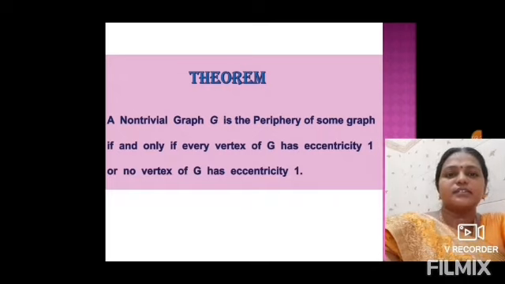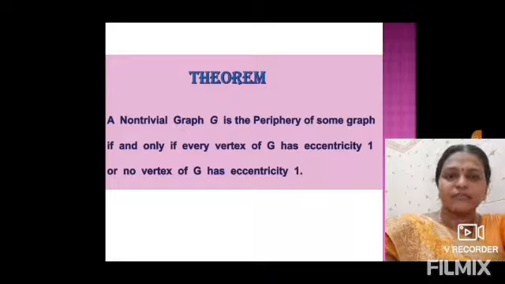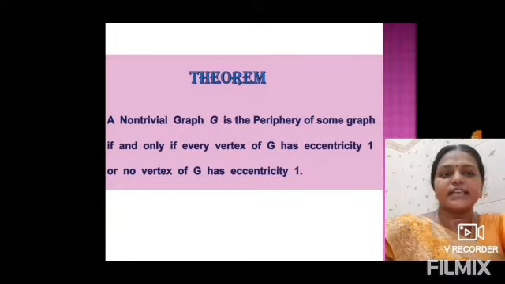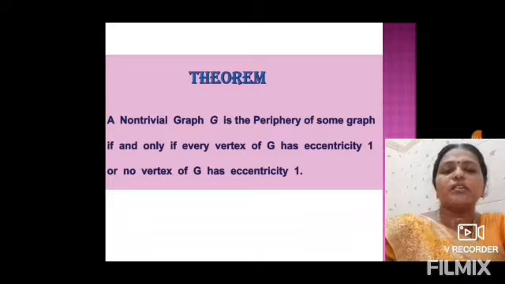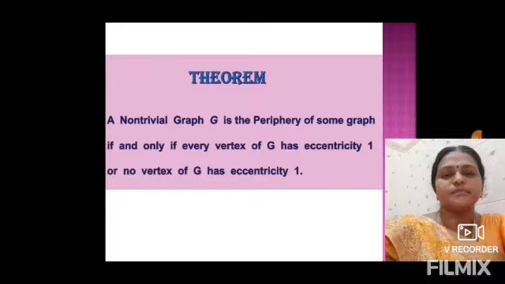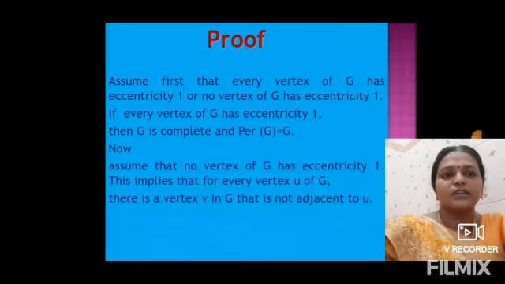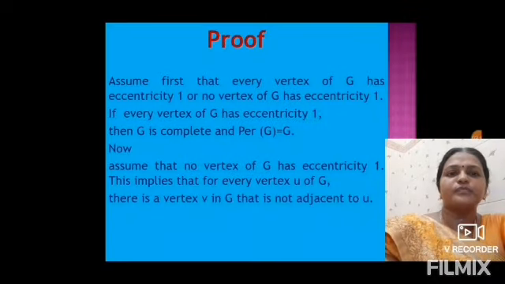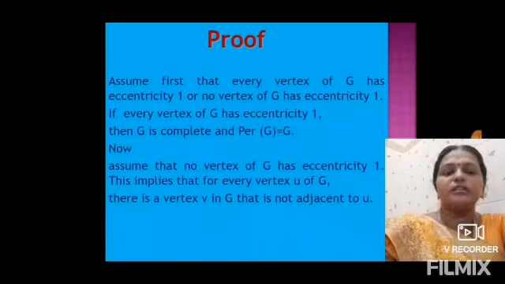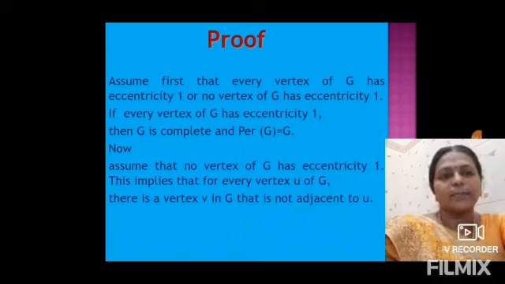Let's see an interesting theorem. A non-trivial graph G is the periphery of some graph if and only if every vertex of G has eccentricity 1 or no vertex of G has eccentricity 1. Let's move to the proof. Assume first that every vertex of G has eccentricity 1 or no vertex of G has eccentricity 1.